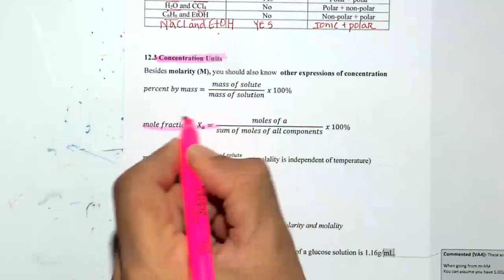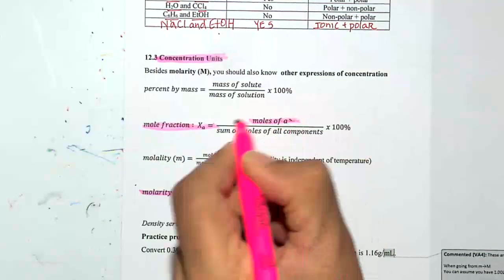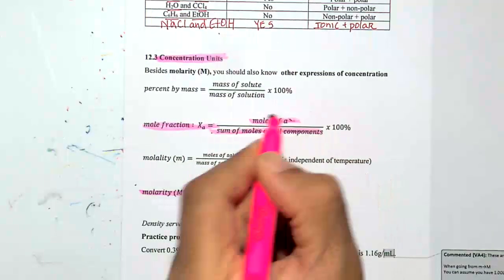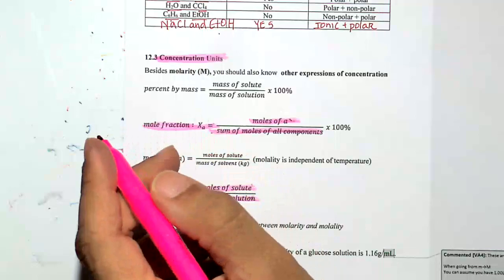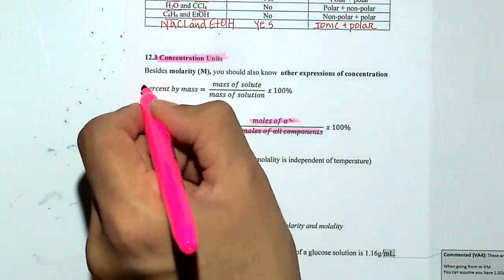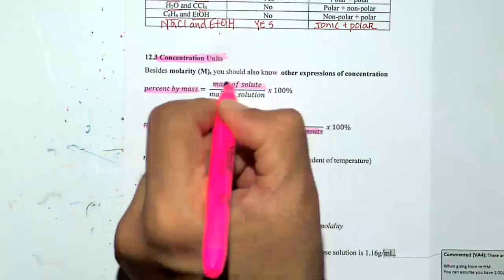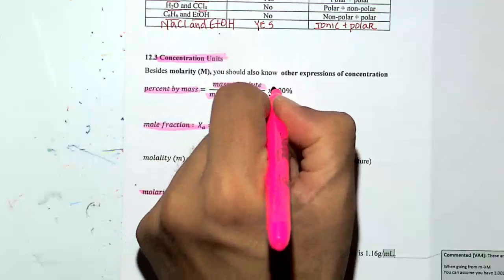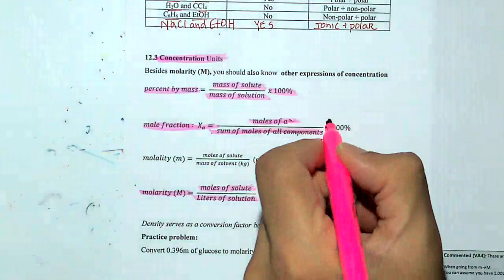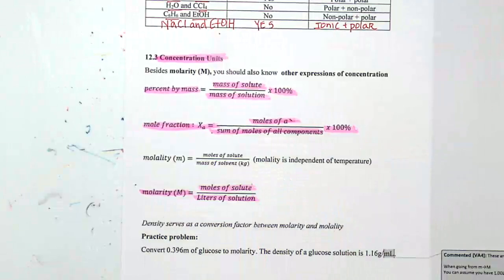Sometimes you'll see mole fraction, moles of A divided by the sum of all the moles. We'll see mass percent, mass of solute divided by the mass of the whole thing. To get it as a percent, you multiply it by 100.